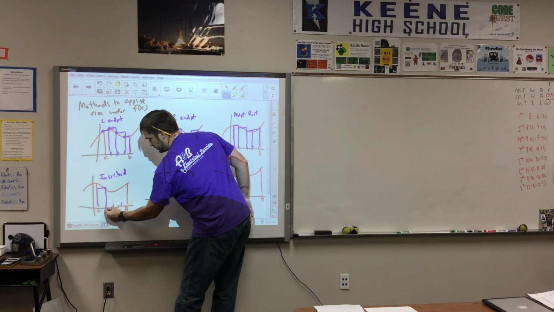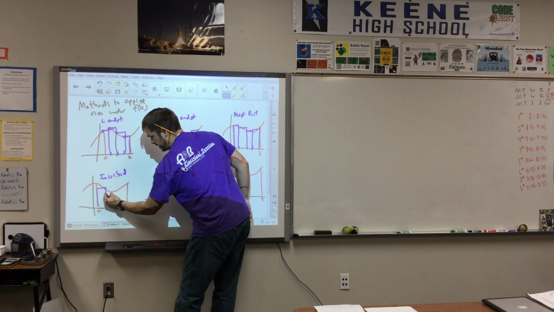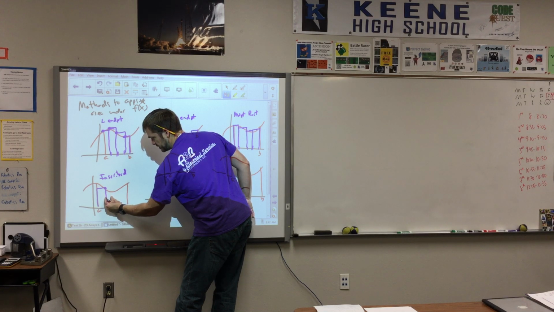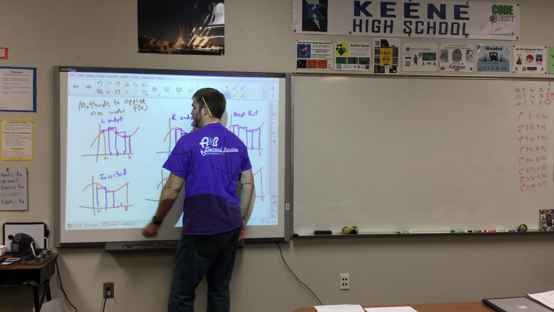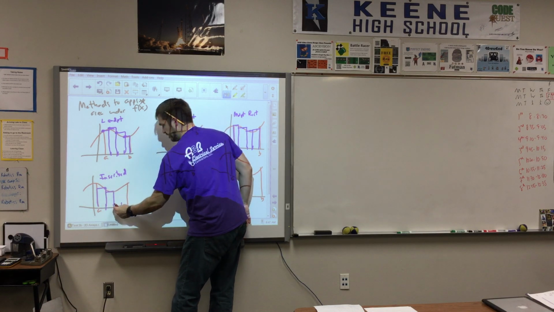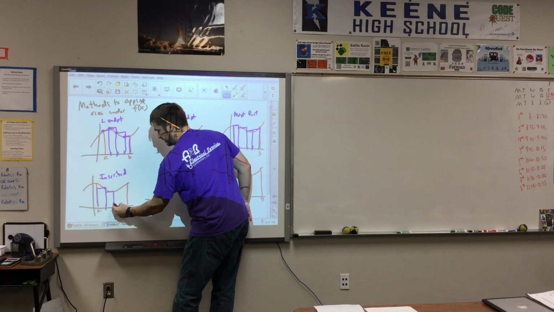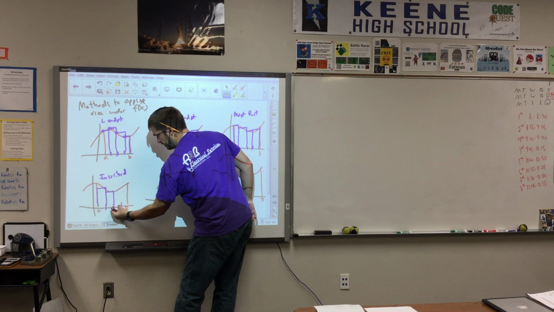James, for this second rectangle right here, am I going to go to the left endpoint or the right endpoint based on my picture right now? Right. I'm going to go to the right endpoint, you're correct, because that's going to guarantee that I'm below. Ivan, what about for this rectangle that I'm looking at here, the way that I've drawn it? Left.